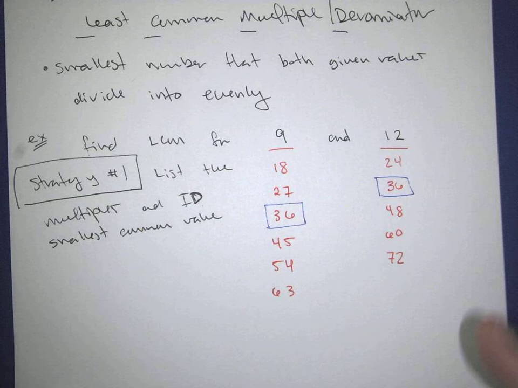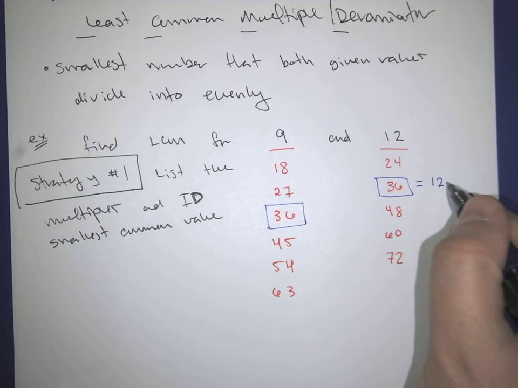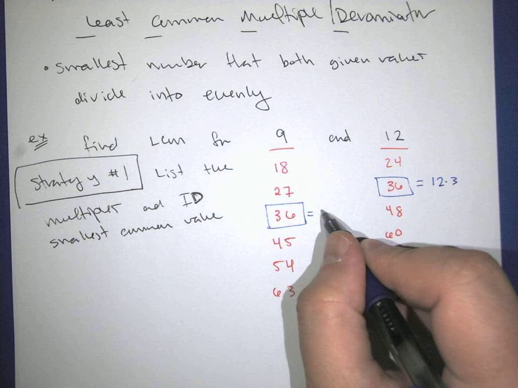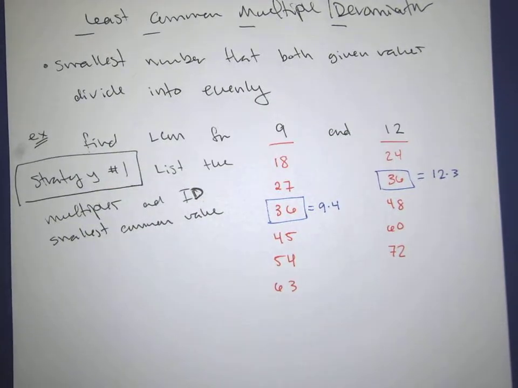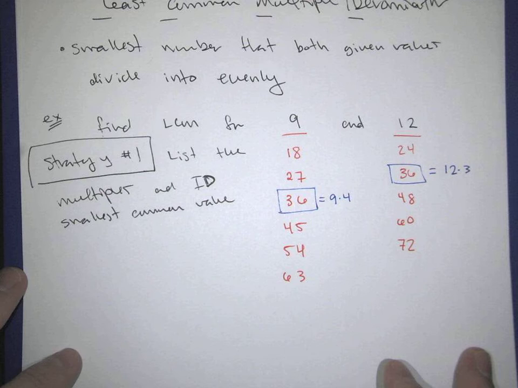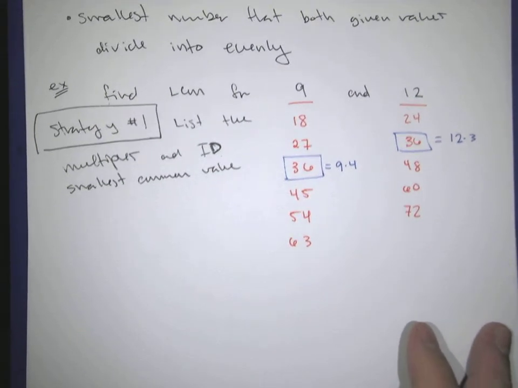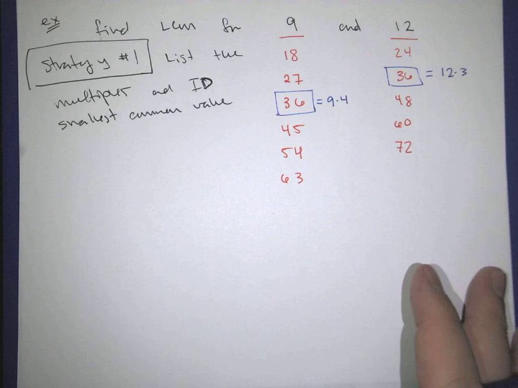The idea here is we're looking for the least common multiple, and so that's going to be the smallest of these values. So for us, that's 12 times 3, or it's 9 times 4. What's happening here is that 9 and 12 both have some overlap together, and we're actually going to look at that a little bit more closely when we look at strategy number 2.